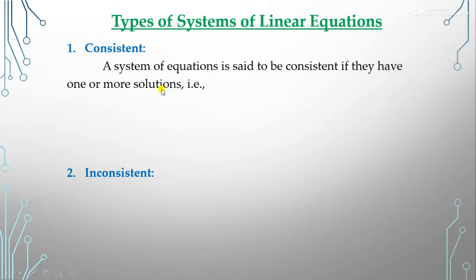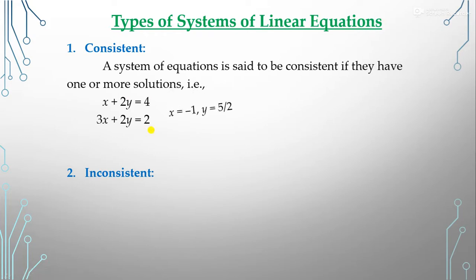Suppose our equations are x plus 2y is equal to 4 and 3x plus 2y is equal to 2. Can you tell me which type of solution these equations have? Can you solve these equations? You can solve them easily, and after solving we get only one solution.